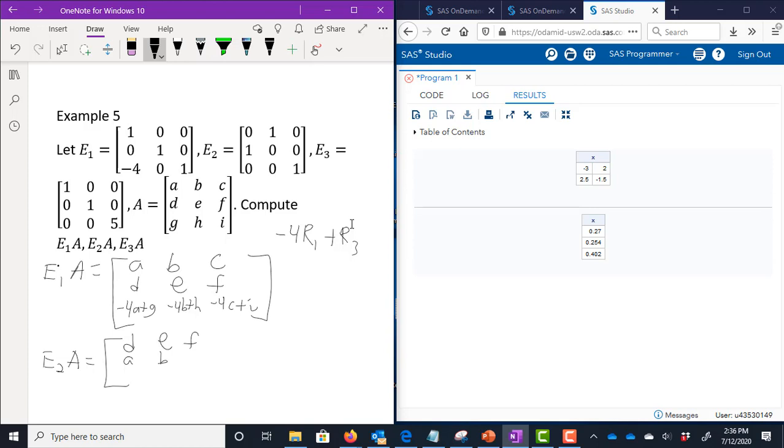And then this row times this column gives us c. And then likewise for the last row, 0, 0, 1 times this column gives us g, then h, and then I. And that is a very bad looking h. This is the same thing as the elementary row operation of interchanging the first and second rows.